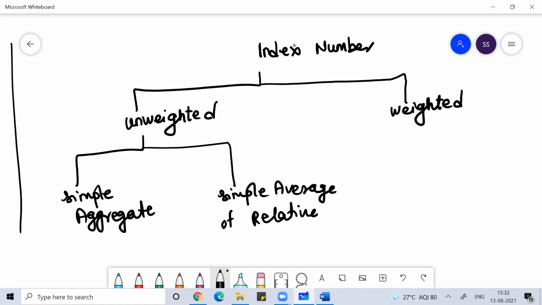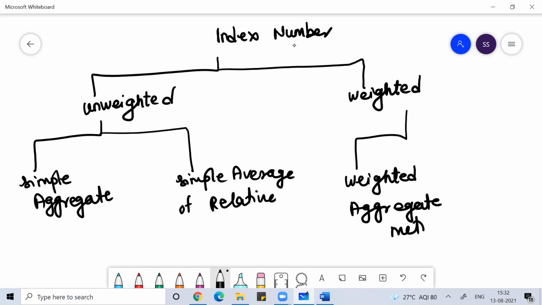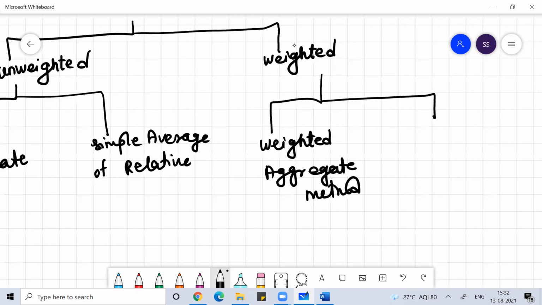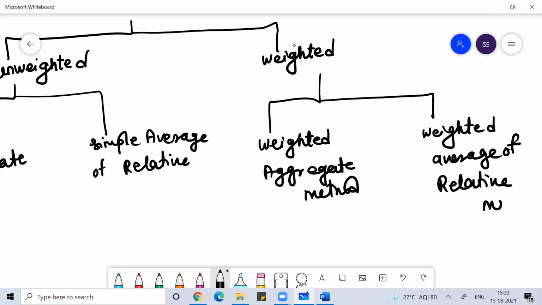When I talk about weighted, it can be the weighted aggregate method, or the weighted average of relative method. Clear, everyone?